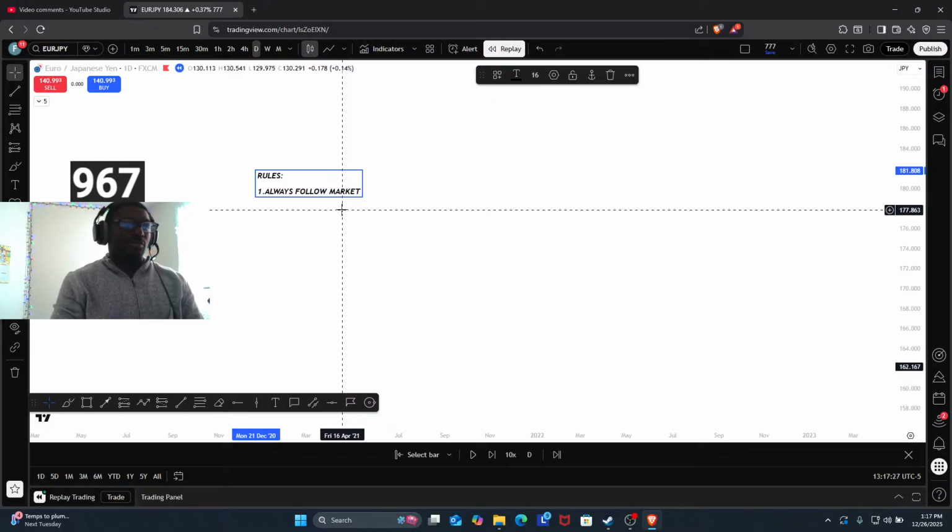We could follow market structure based off a lower time frame, but in this case, let's say we're gonna follow the trend. We don't do pullbacks or whatever, right? So we always follow the market structure. That's number one.